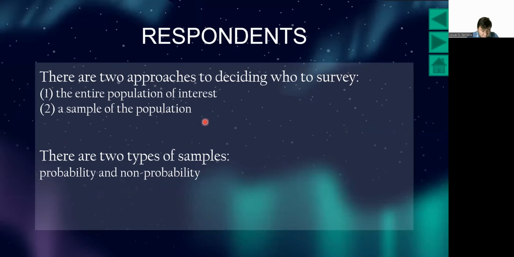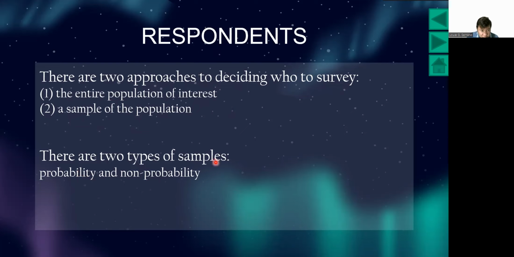So after questionnaire, respondents. So there are two approaches to deciding who to survey: the entire population of interest and a sample of the population. So pag maliit ang population, everyone is surveyed. Then pag large population, sampling is used, that is to draw a subset of the population.